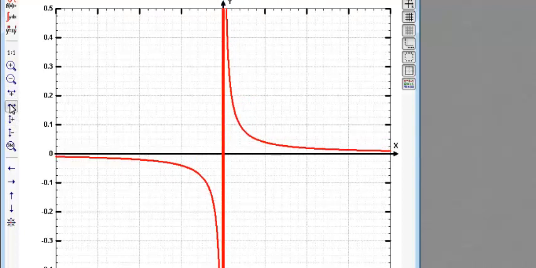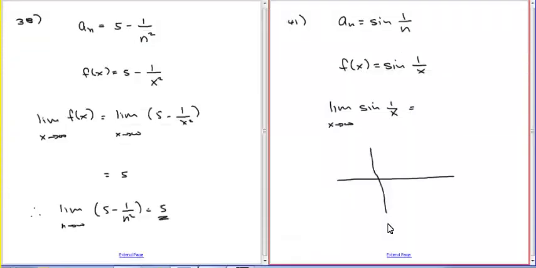So I feel pretty confident that's true. The same is true for the sequence. So the answer for this one is 0, and therefore the limit of the sequence as n goes to infinity is also equal to 0.